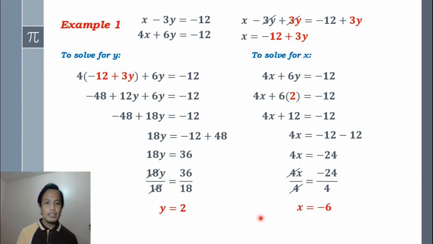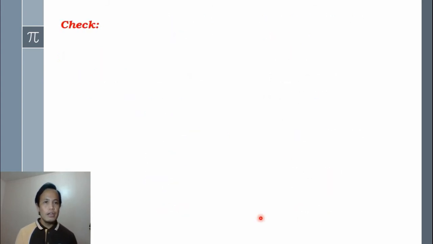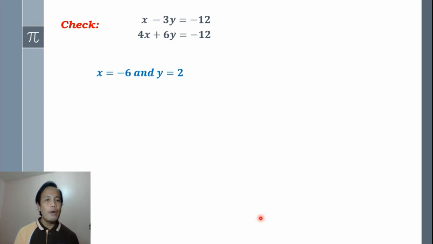Now, to check if these values are correct, we have to go back to our equations. These are the set of equations, and our values are x equals negative 6 and y equals 2. We will check equation 1 first, if these values will really give us a true statement. So we substitute these values into this equation. Our x is negative 6, so instead of writing x here, we change that with negative 6.